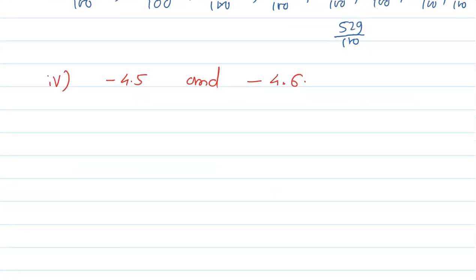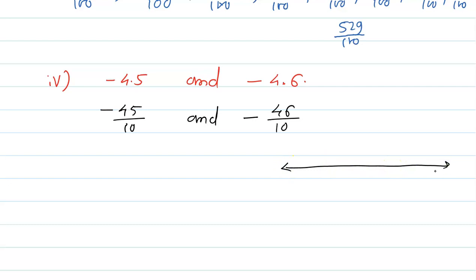So we can write it in the form, after one place we have the decimal, so we now have minus 45 divided by 10, and after one place there is a decimal, so we have minus 46 divided by 10. Once we look over a number line, firstly we have minus 46 divided by 10, and next to it, to the right of minus 46 divided by 10, we have minus 45 divided by 10.